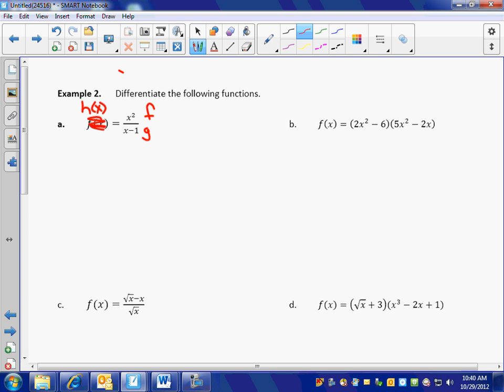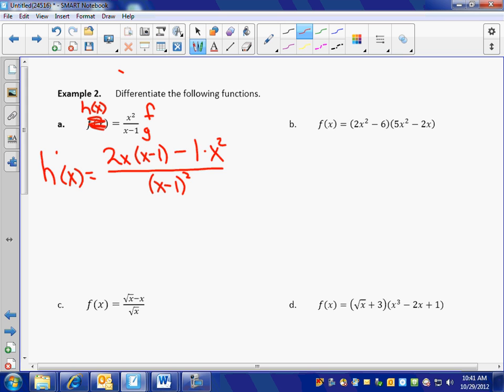Are you going to use the product rule or the quotient rule? The quotient rule. And what the quotient rule says is that h prime of x is equal to, what is the derivative of the top? 2x times the bottom left alone, x minus 1, minus, what's the derivative of the bottom? 1 times the top left alone, x squared, divided by the bottom squared.